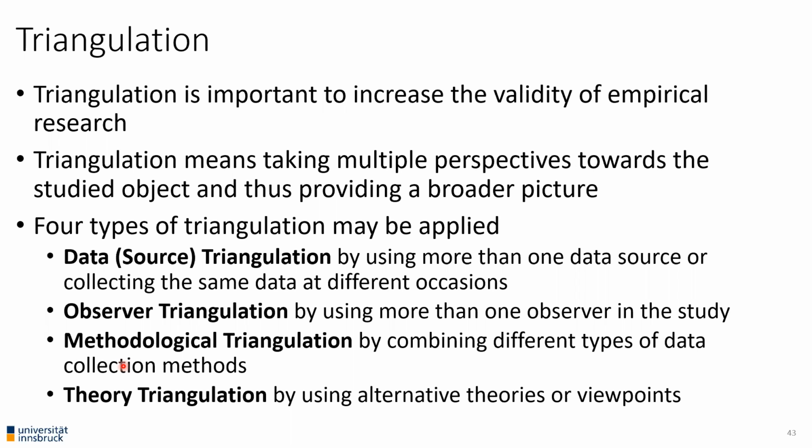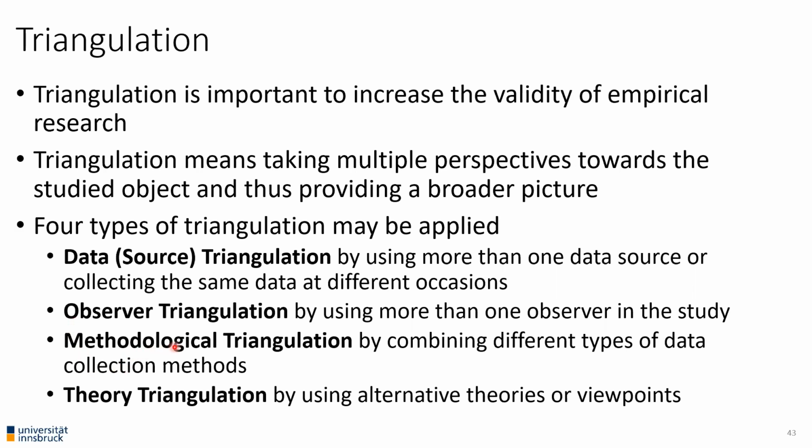Always triangulate things, and triangulation in the narrower sense means that you triangulate the data sources, first, second, third level sources, if you can remember, but you can also do observer triangulation. This is a different way of describing doing research in a team. So having several people that observe and analyze data.